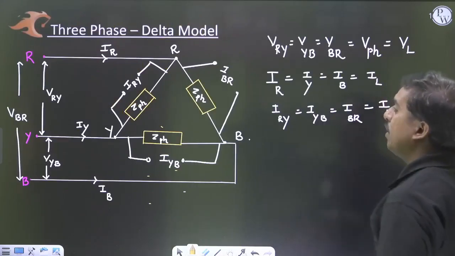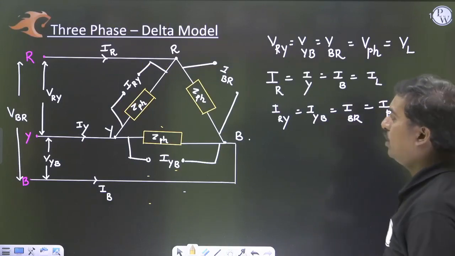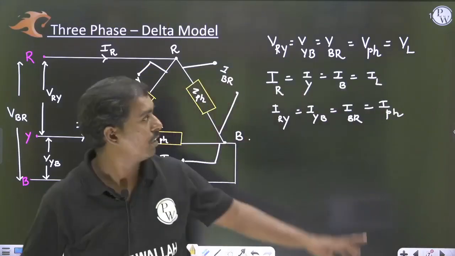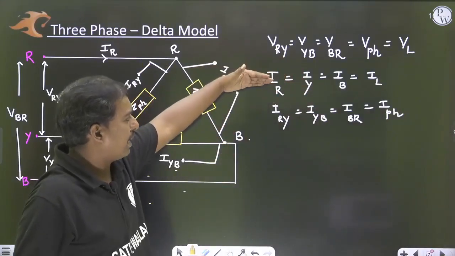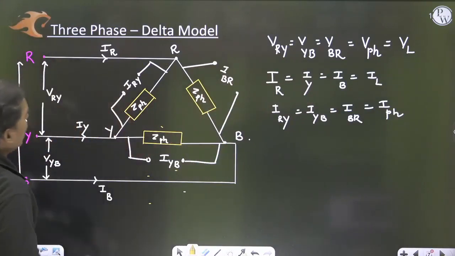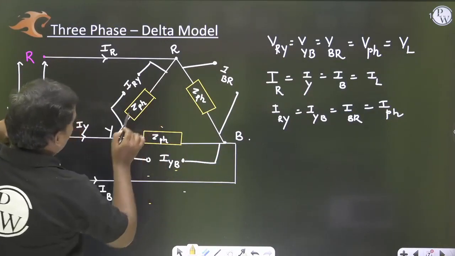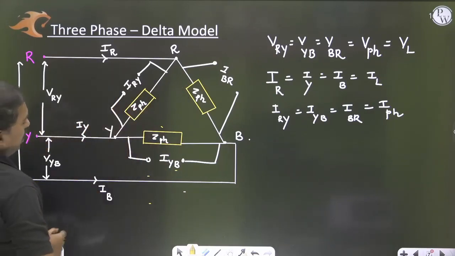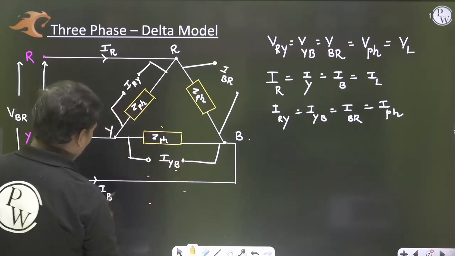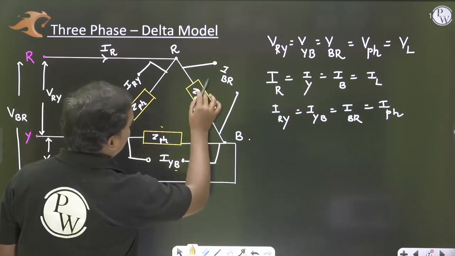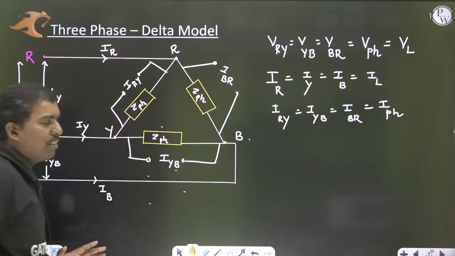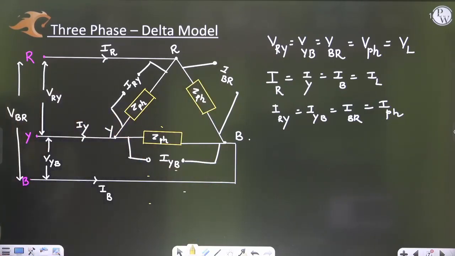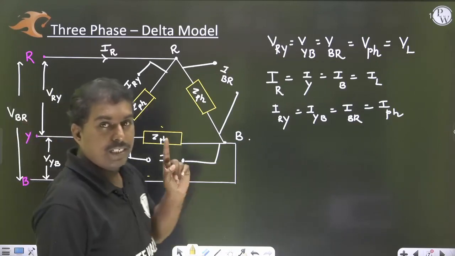Next, in the three-phase delta model, we have the line voltage and line current. But here the line current and the phase currents are not the same. This is IR and this is IRY, this is IY and this is IYB, this is IB and this is IBR. So line current and phase currents are not equal in the delta model.